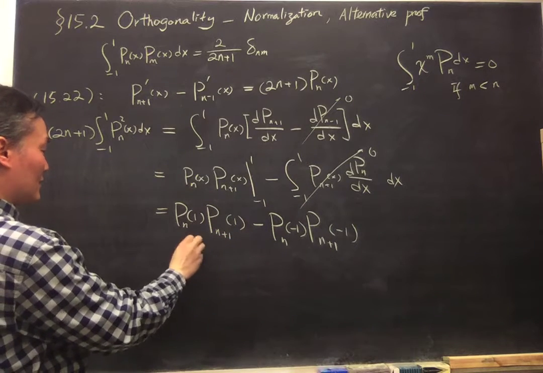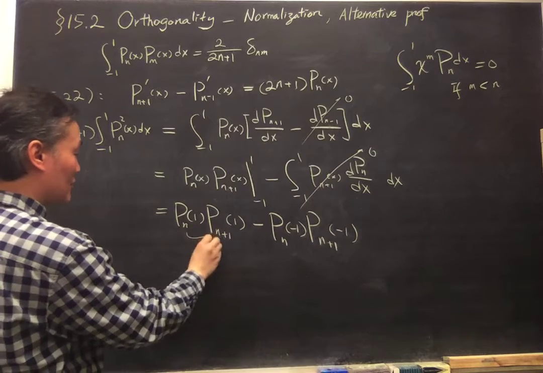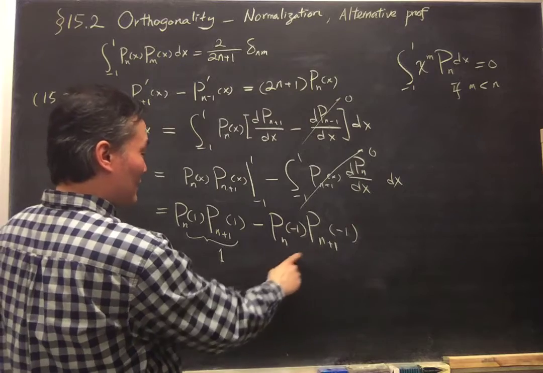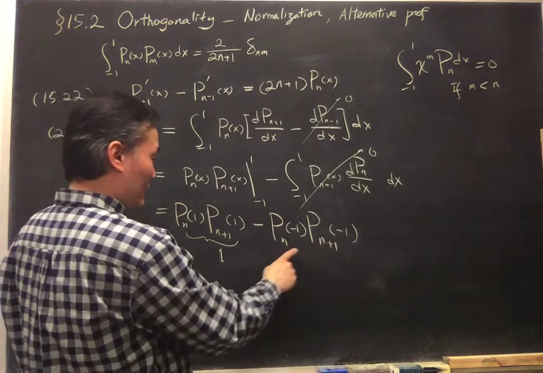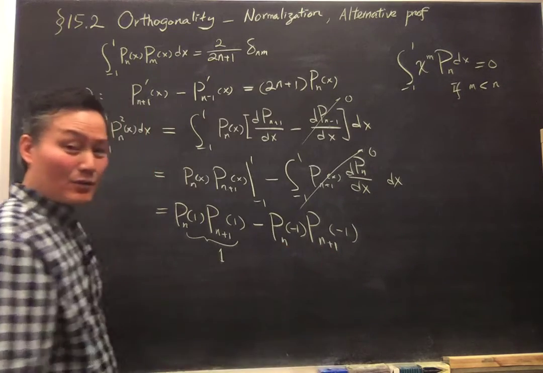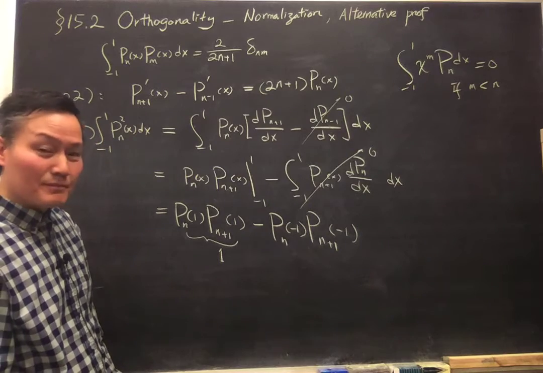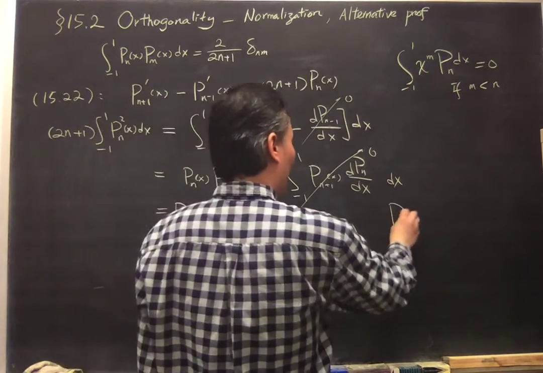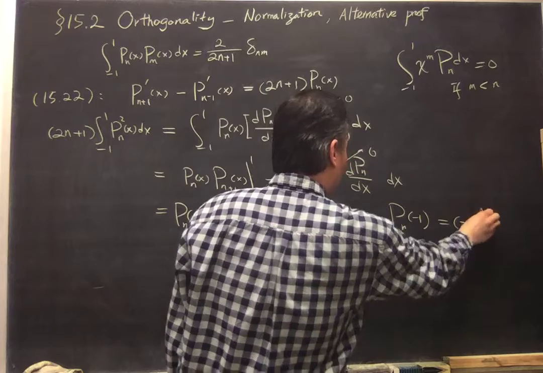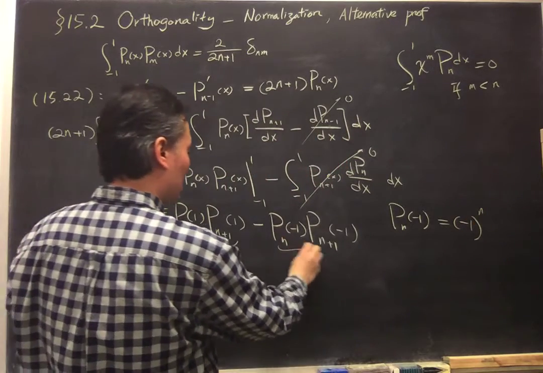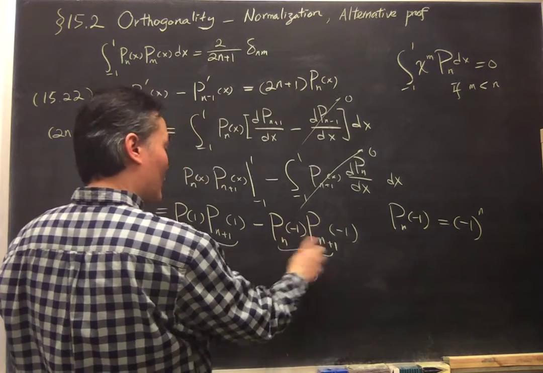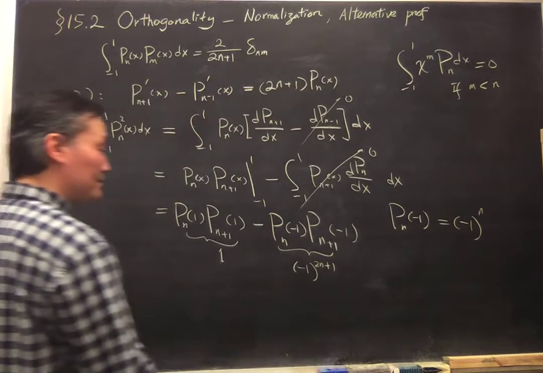For the second, because they are off by one in order, one of them must be odd and the other even, and Pn at -1 equals -1 to the n power, so the product is -1 to the 2n plus 1 power.